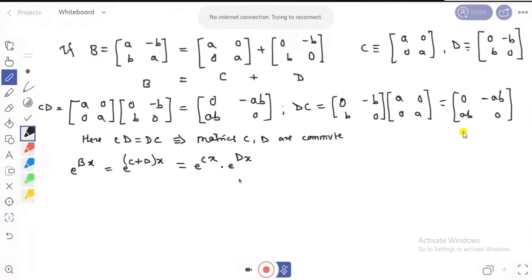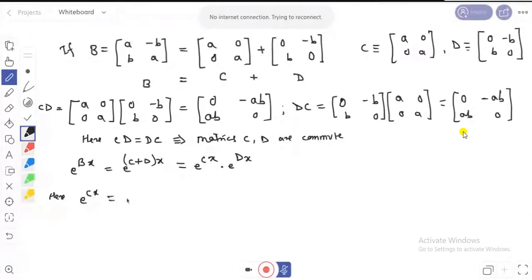Okay, so here you can find what is the exponential of C matrix and what is the exponential of D matrix. Okay, and then the product of these two. So what is the exponential of C? Here C is a diagonal matrix. So what is Cx?